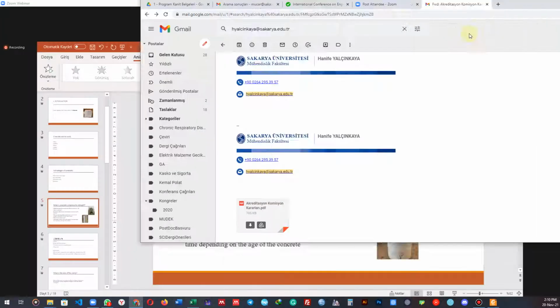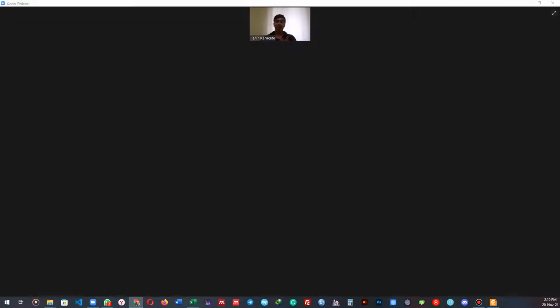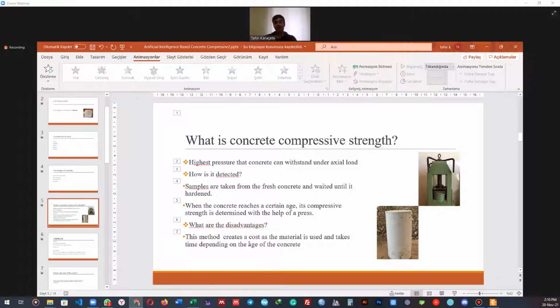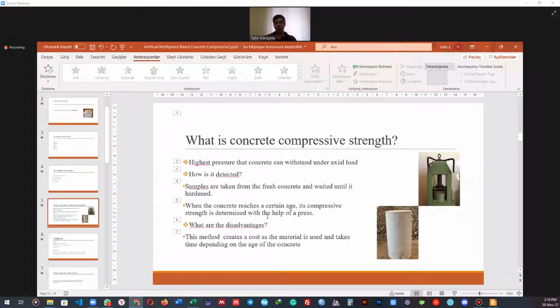You can see here a hardened concrete, and when the concrete reaches a certain age, its compressive strength is determined with the help of a press. It is a hydraulic press. What are the disadvantages? This method creates a cost as the material is used and takes time depending on the age of the concrete.